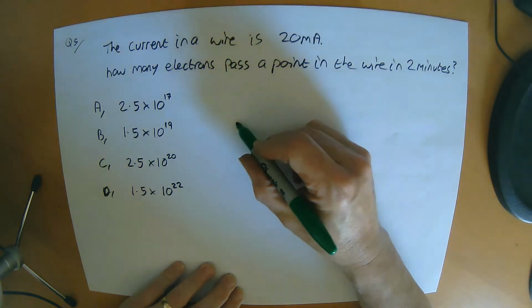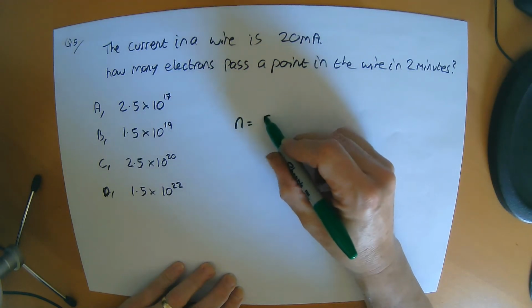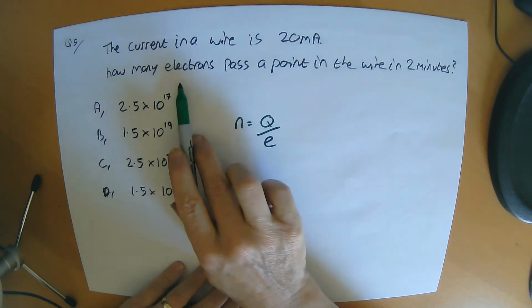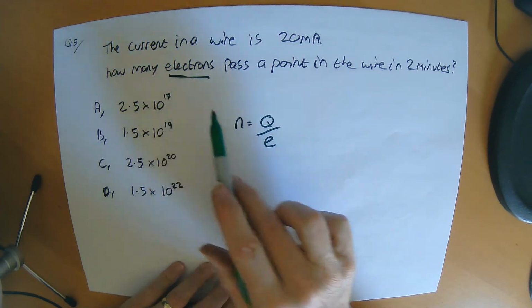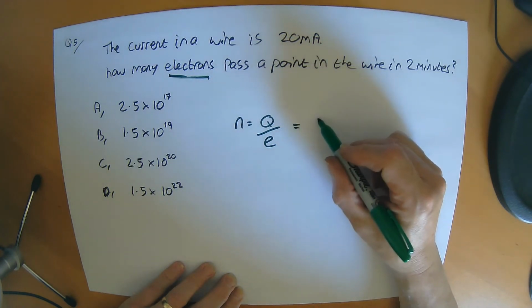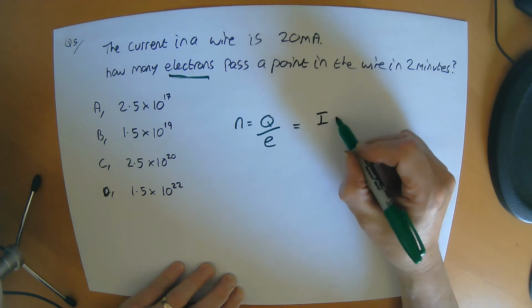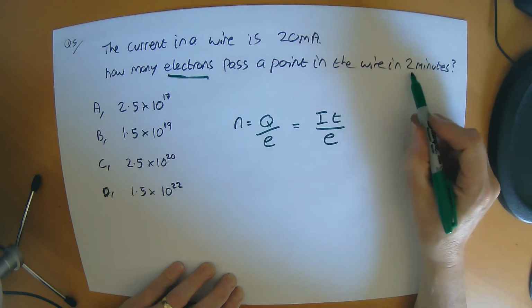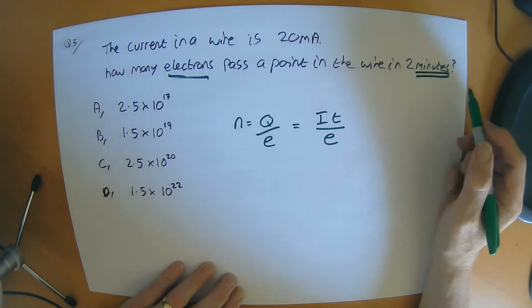So the number of electrons is going to be the total charge divided by the amount of charge per electron. We know that the total charge is the current times the time, and the thing to remember is that this is 2 minutes.